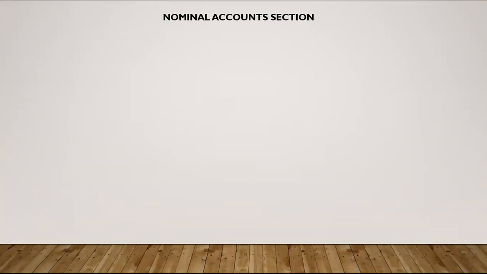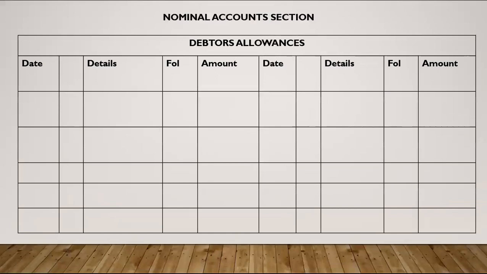Debtors allowances. It's a reduction of sales, which is an expense, obviously. Sales is income, so the reduction of sales will be an expense. It increases on the debit side at selling price whenever goods are returned. So this is a plus minus account, okay? Just remember that it's a plus minus account, all right?